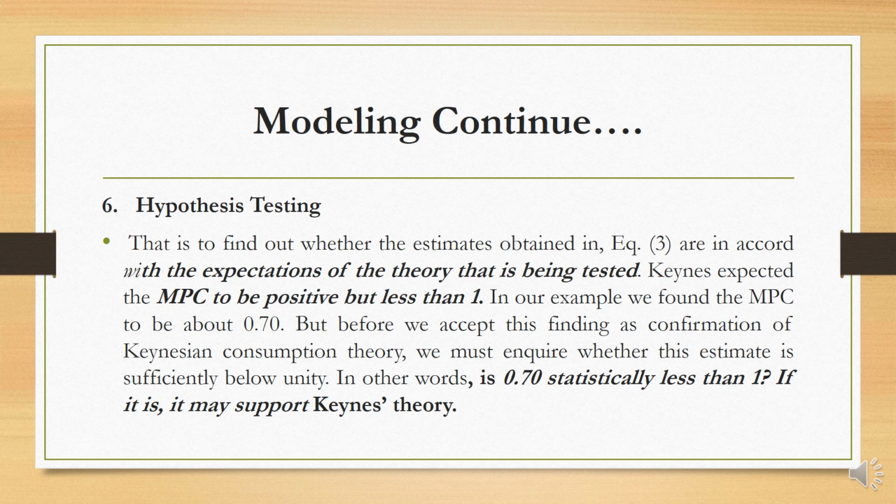In our example, we found the MPC to be about 0.7. But we cannot simply accept this finding as confirmation of the Keynesian consumption theory. We must inquire whether this estimate is sufficiently below unity. In other words, is 0.7 statistically less than 1? If it is, it may support the Keynes theory.